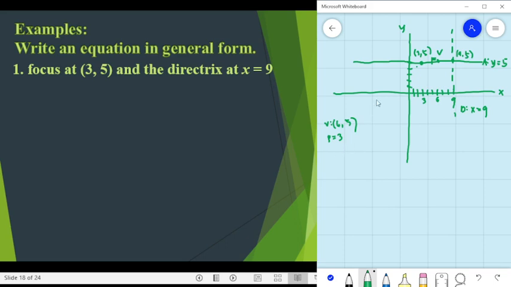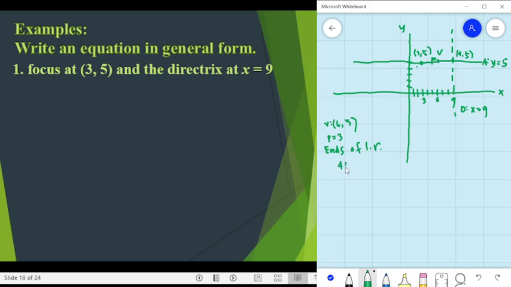Okay? And since the axis of symmetry is parallel to the x-axis, and notice that the parabola opens to the left, if you want to graph a perfect parabola, you need to find the latus rectum, the ends of the LR. Doesn't the LR have length 4P?